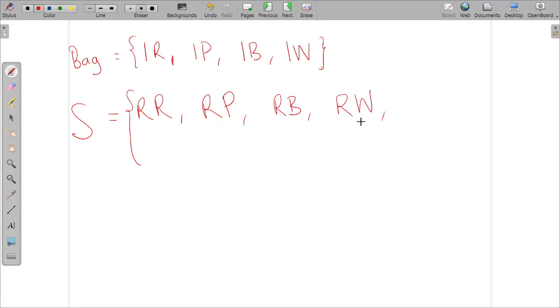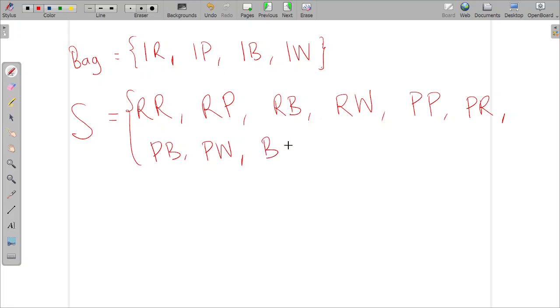Red is finished as the first one. So let's go to pink. Pink first, pink second. Pink first, red second. Pink first, blue. Pink, W, for the white. Then we are done with pink as the first one.